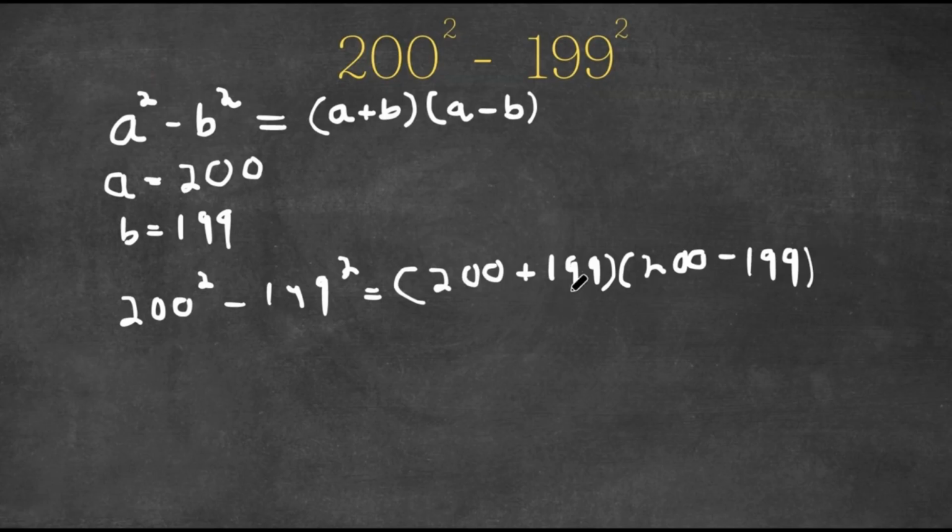Now, 200 plus 199, that's going to be 399. So now we have 399 times 200 minus 199.